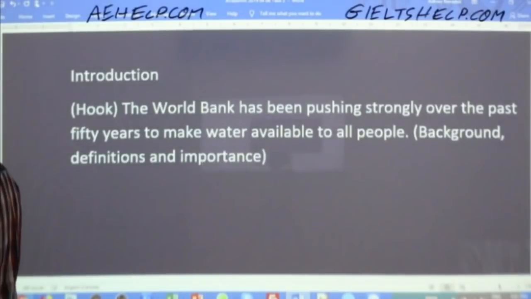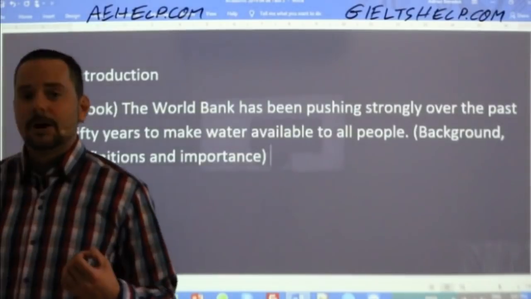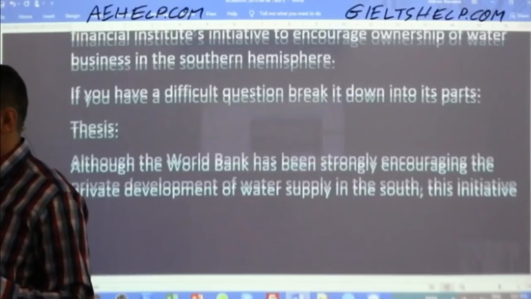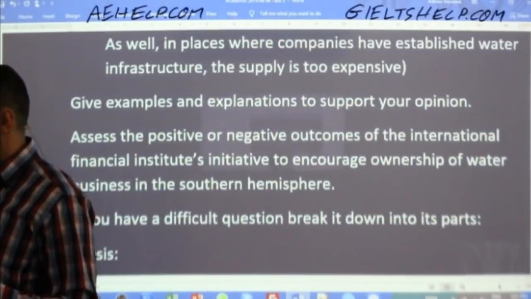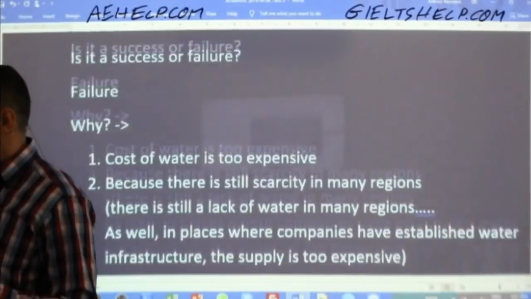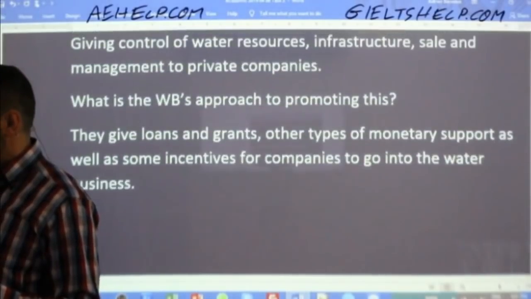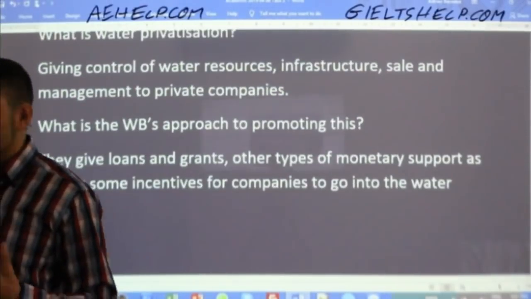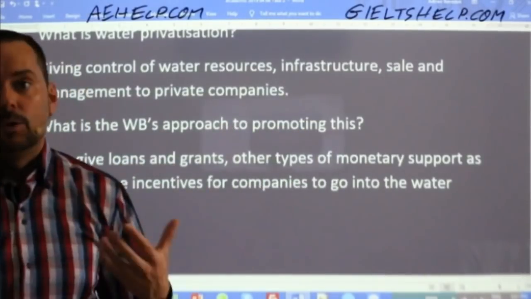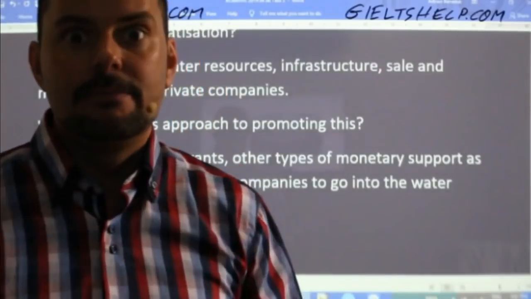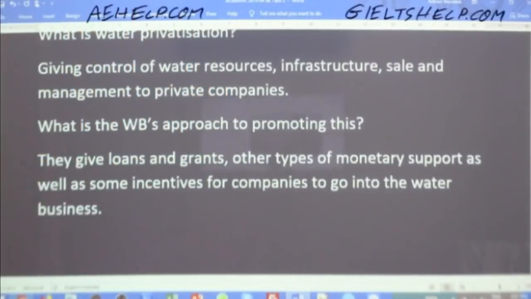So here, what we can do is what we talked about, and this is in our planning. Remember when we talked about what is the World Bank's approach for promoting this? And we figured out, well, what do banks do? Banks lend money or give money for certain projects.